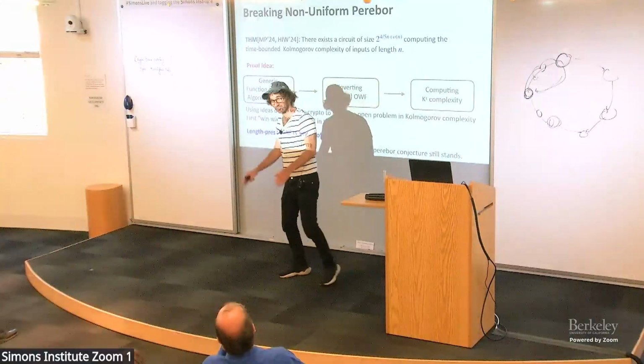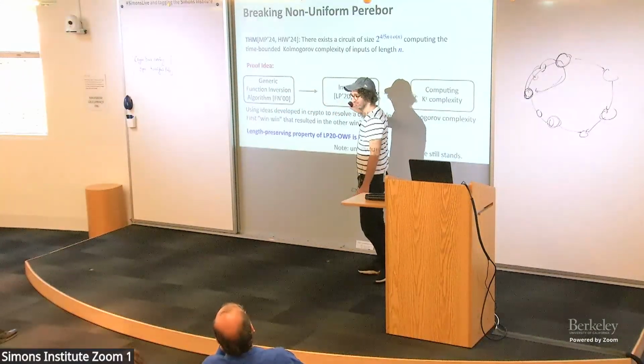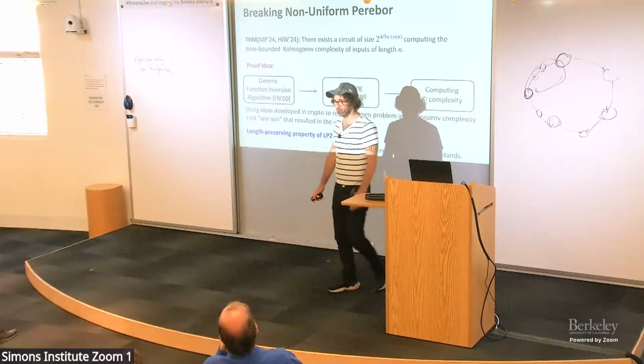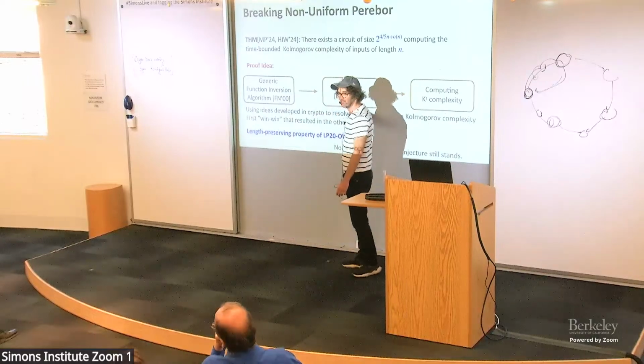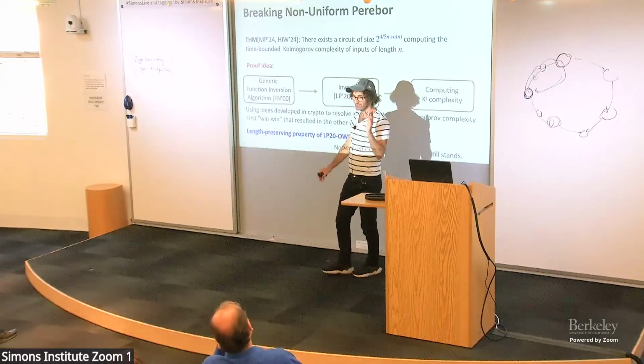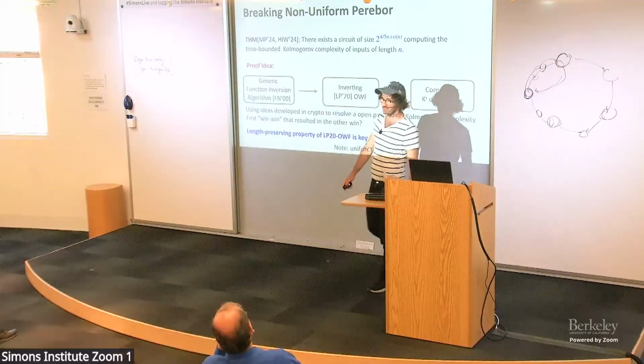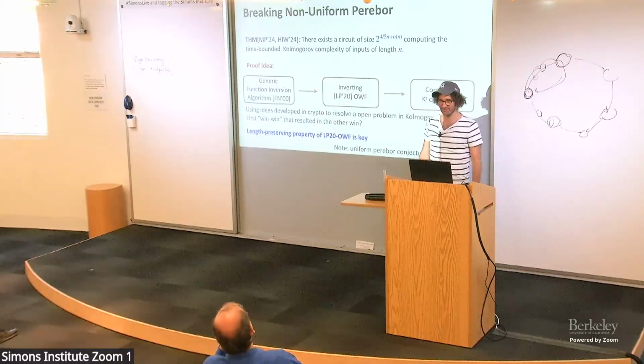Now, let me point out that the key thing that's important here, again, is the length preserving property of this function. Otherwise, you could do this on SAT too. So that's why I'm saying constructing a length preserving one from SAT is really awesome, because if you do that, you break SAT. Just plug it in here. If you construct a length preserving one from SAT, then you have broken the strong exponential time hypothesis.